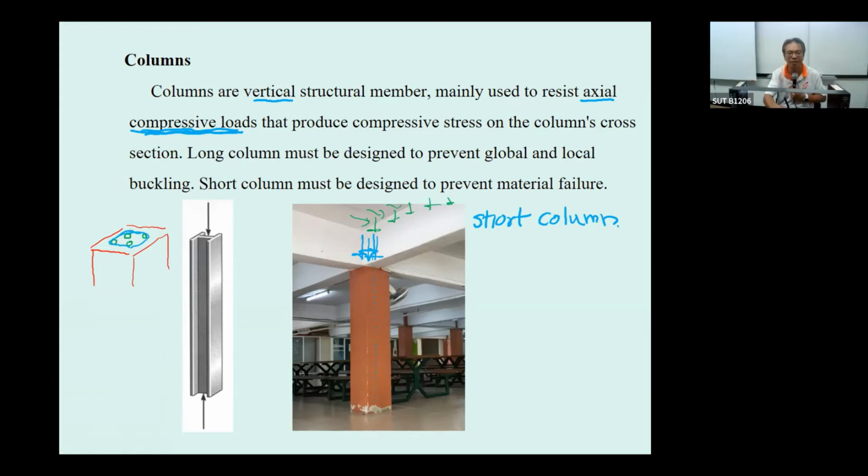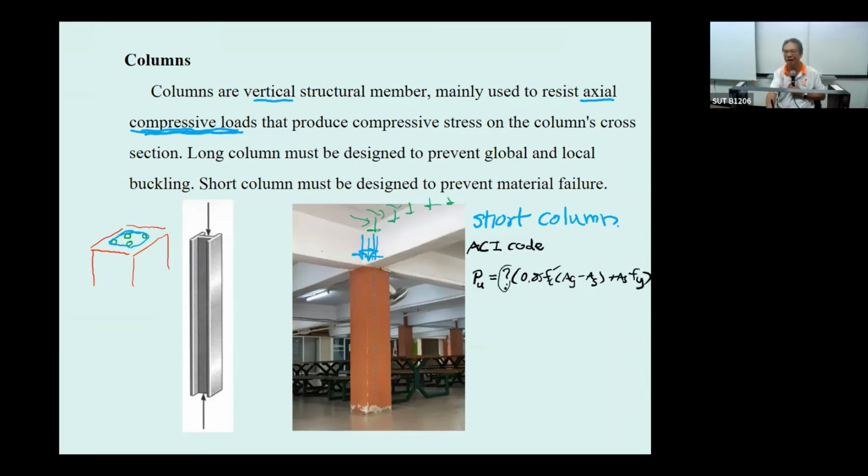If you follow the ACI code, the strength of this is equal to another kind of factor times 0.85 f'c times (Ag minus As) plus As times the yielding strength of the steel.